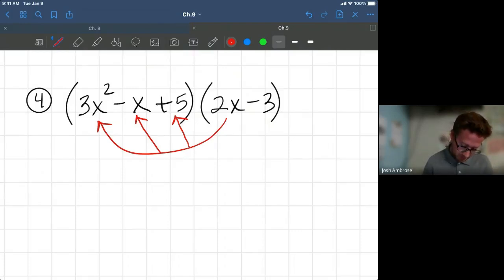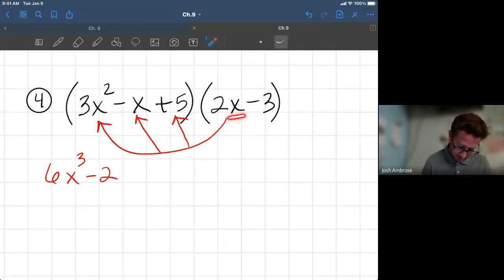2 times 3 is going to give me 6. Then x and x squared is going to give me x to the power of 3. All right, now the next piece. 2 multiplied by the unwritten 1, by the way, -1, is going to be -2.